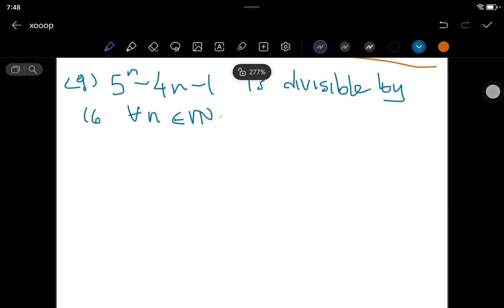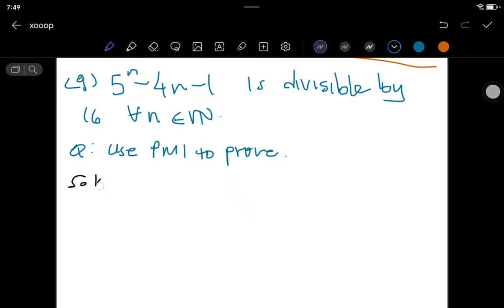Now, let's see. The question says we should use PMI to prove. You see, right? So we're going to use the principle of mathematical induction to prove this. Now, for us to prove this, let me write the solution.